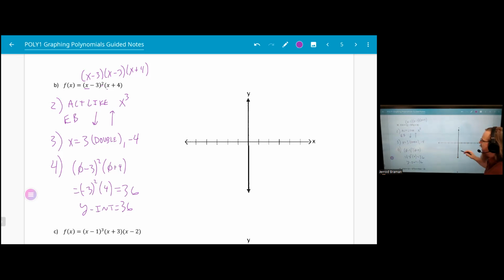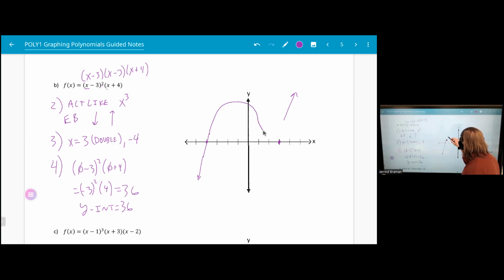Let's check here. I've got x equals 3, a double root, and negative 4. 1, 2, 3, 4. With my end behavior, I've got down and up. Well, this one is going to be this negative 4. That's a single root. So I'm going to come up through, taking a little bit of time, up through, come back towards my x-axis, and then, oh, what's going to happen?